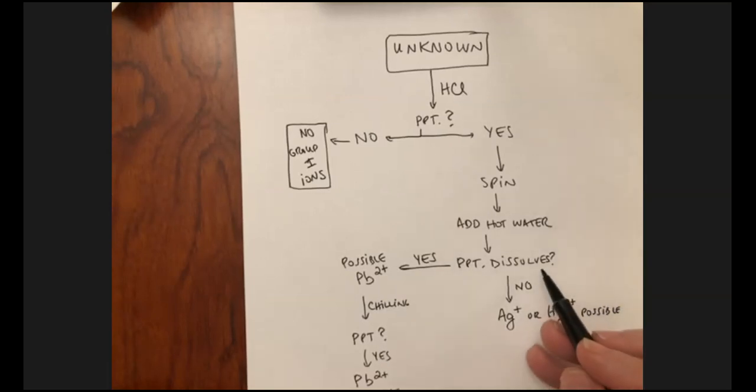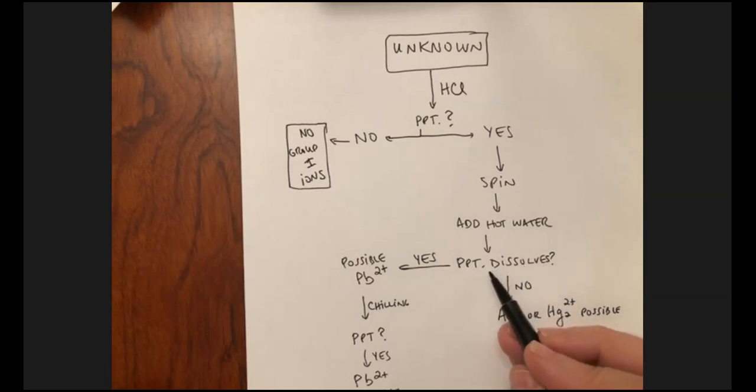Now, remember, at this point, you don't know if the precipitate dissolved or not. So what you want to do is filter. And remember, you want to filter it hot.